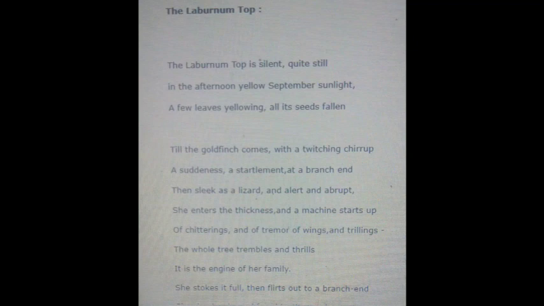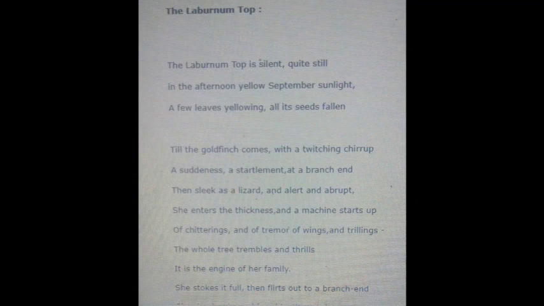If any vehicle gets fuel, it starts. In the same manner, the young ones of the goldfinch bird also start when this goldfinch bird comes there. So it works like an engine.